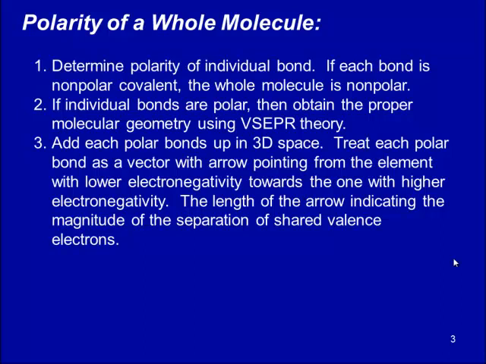You have to treat each polar bond as a vector with an arrow pointing from the element with lower electronegativity towards the one with higher electronegativity, pointing from the slightly positively charged end towards the slightly negatively charged end. This is the indication of the existence of polarity. The length of the arrow will indicate the magnitude of separation of shared valence electrons.